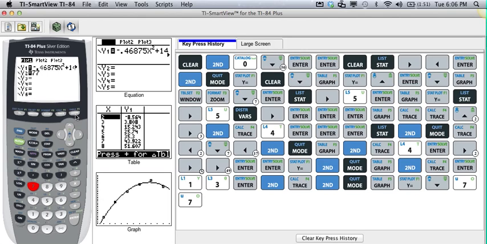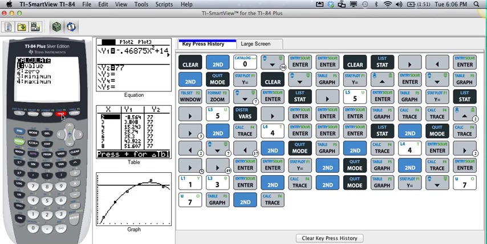When I graph that, it shows me this point here and this point here is where the temperature was 77 degrees. So if I can find these intersection points, I can find the x value, which is the time that those two events occurred.